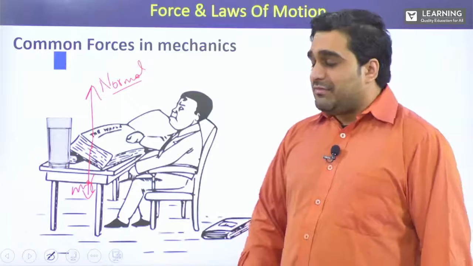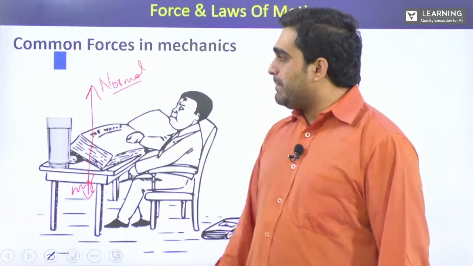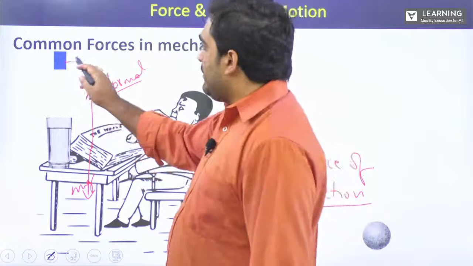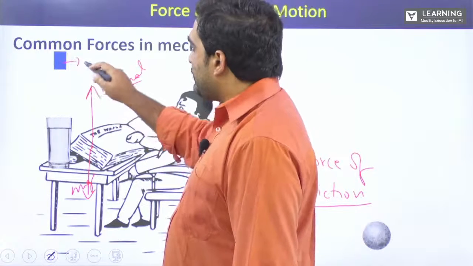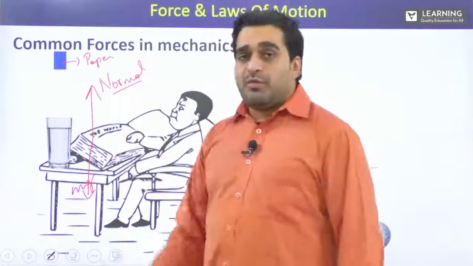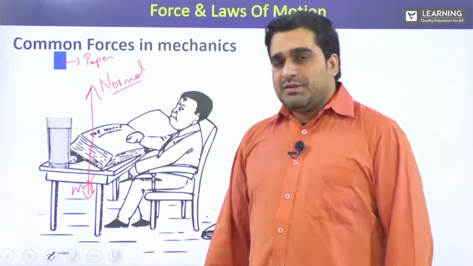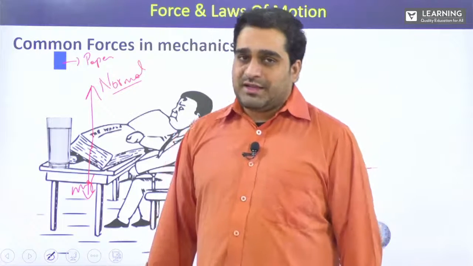Let's take another example of this man staring at this piece of paper. So this blue colored rectangular shape is nothing but a piece of paper. This piece of paper, when dropped in a glass of water, will the piece of paper float or sink?